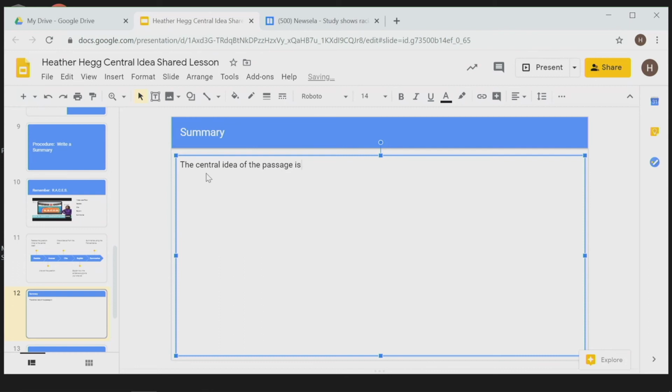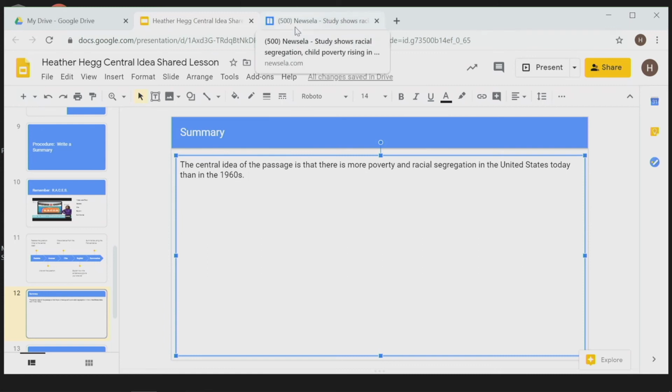So there's my restatement, and now I'm going to answer it. Okay, I'm going to do one cite evidence as an example, and then we'll finish up at a later date.